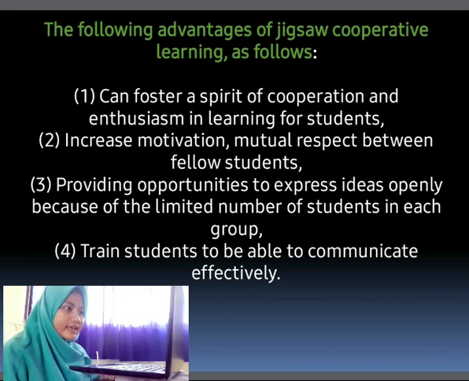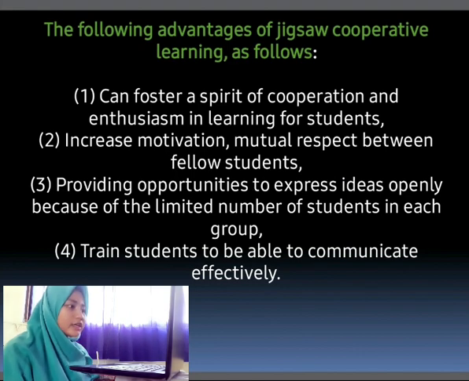And the second is increase motivation, mutual respect between fellow students. And for the third is providing opportunities to express ideas openly because of the limited number of students in each group. And the last is train students to be able to communicate effectively.